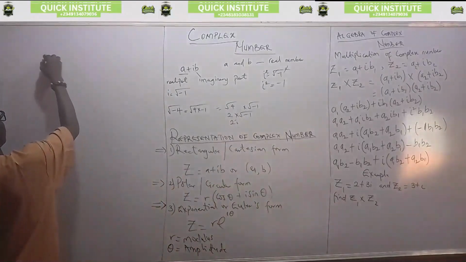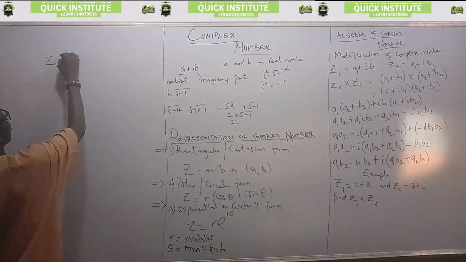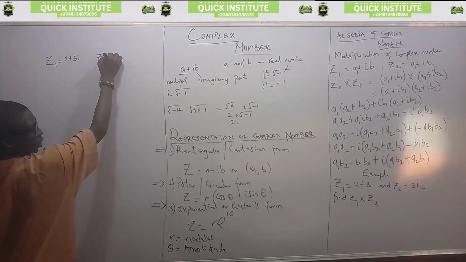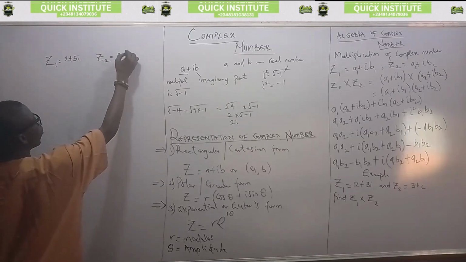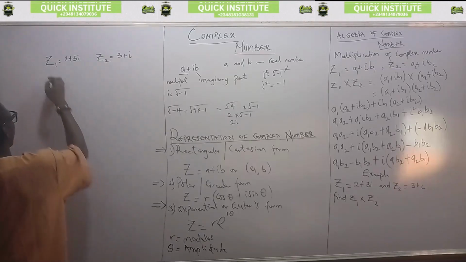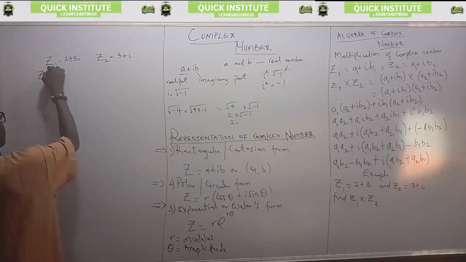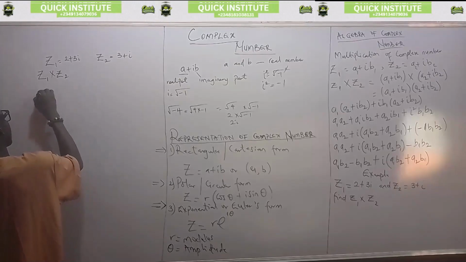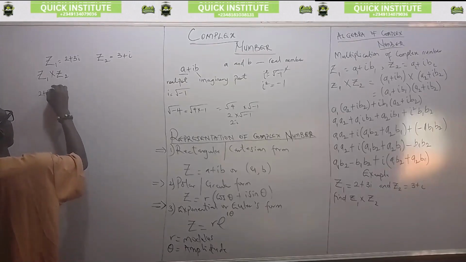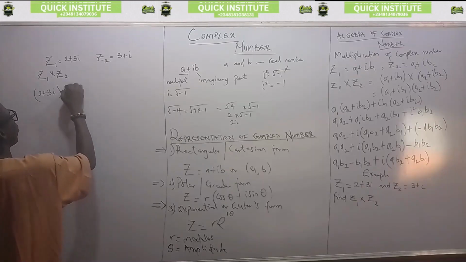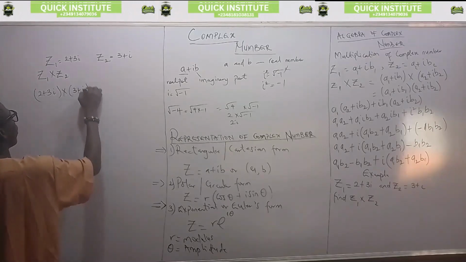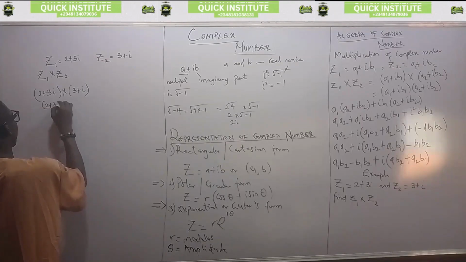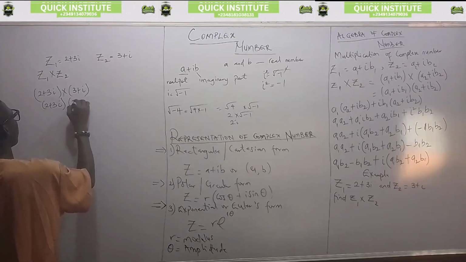So our z1 equals 2 plus 3i, and z2 equals 3 plus i. Find z1 multiplied by z2. Our z1 is 2 plus 3i multiplied by 3 plus i.